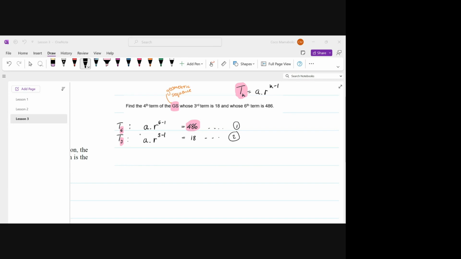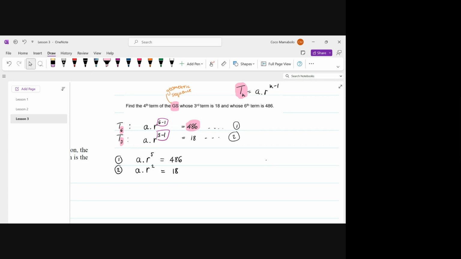Let's clean it up a little bit. I'm going to take my equation 1 and rewrite it as a times r to the power of 6 minus 1, which gives r to the power of 5, is equal to 486. And my equation 2 would read a times r to the power of 3 minus 1, which gives us r to the power of 2, is equal to 18.